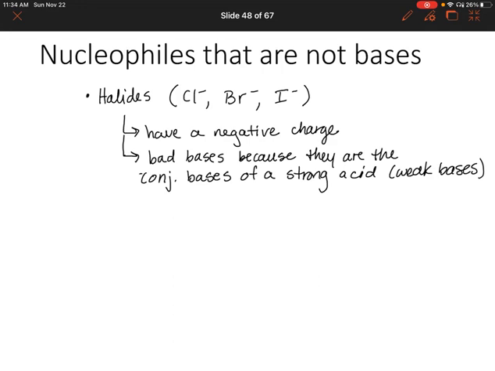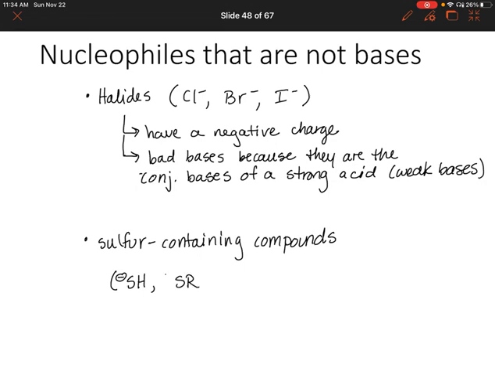Another option is to use sulfur-containing compounds. For instance, SH minus, or maybe the sulfur is attached to some sort of alkyl group. Remember, R equals an alkyl group like methyl or ethyl, etc. Or you could use the neutral form where the sulfur also is bonded to a hydrogen.